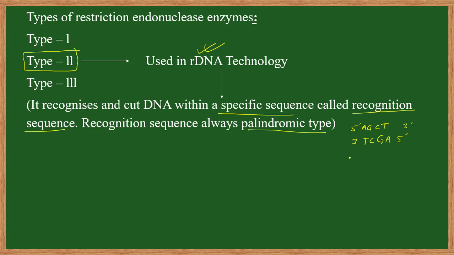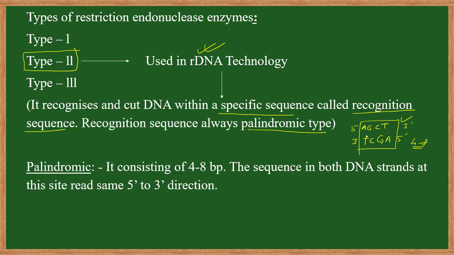So both are symmetrical, and when we read both strands, it is the same sequence. So this type of sequence we can say is palindromic, and a minimum of 4 to 8 base pairs are required.